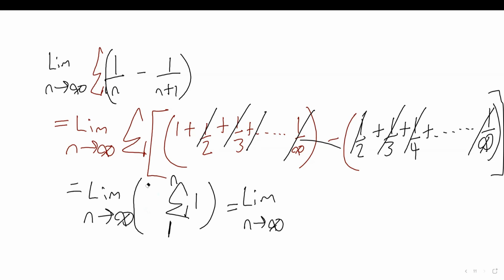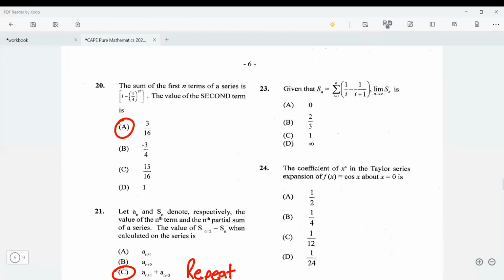Sorry, the summation sign is gone. So just evaluating the limit of 1, the limit of 1 is just 1. So the answer is just 1. Really and truly, that was so easy. Just 1. That's it.